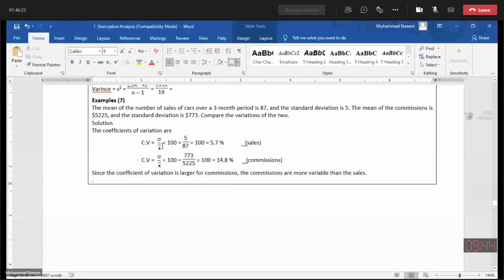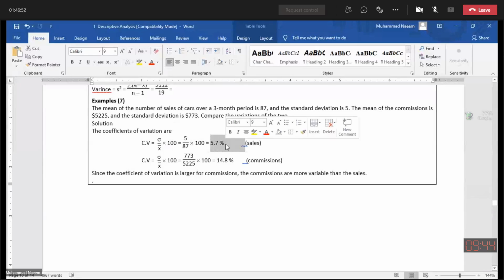Coefficient of variation, again, is very simple: sigma by x bar multiplied by 100, and we express it in percentage. We use this measure for comparison. We have two sets of data and calculated the coefficient of variation.